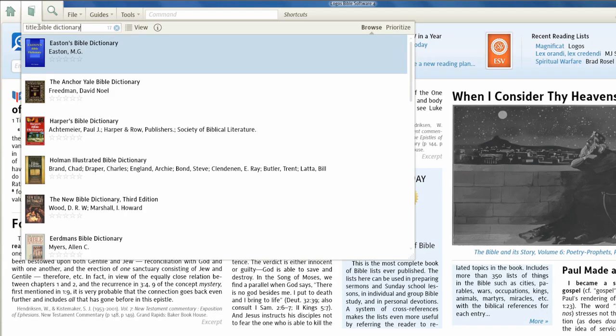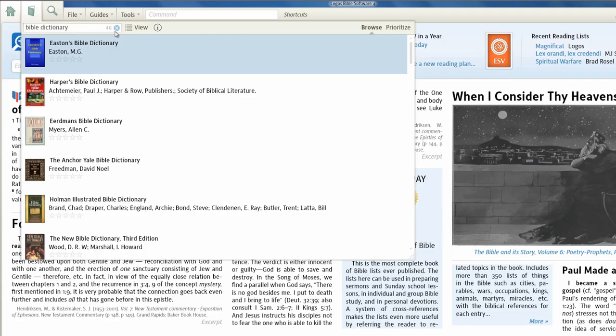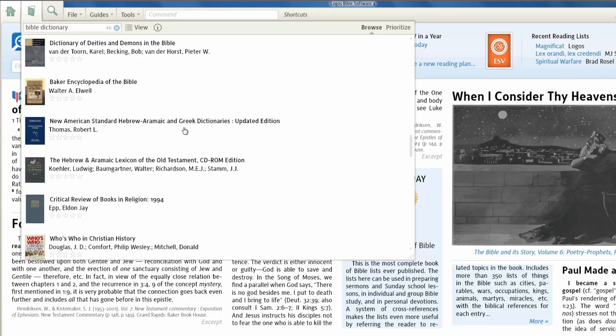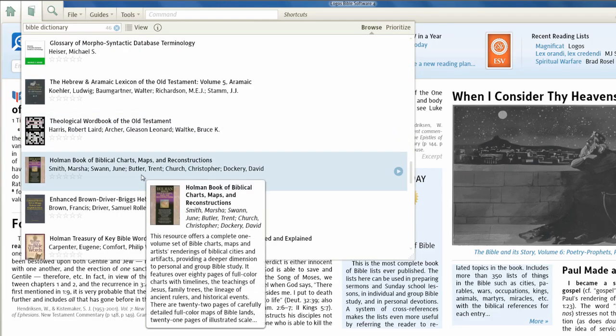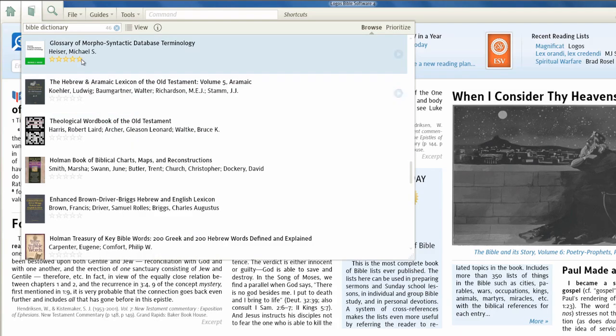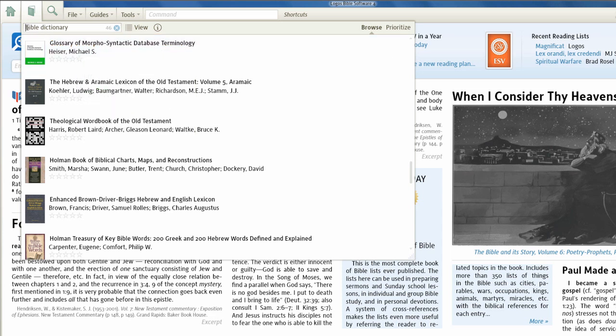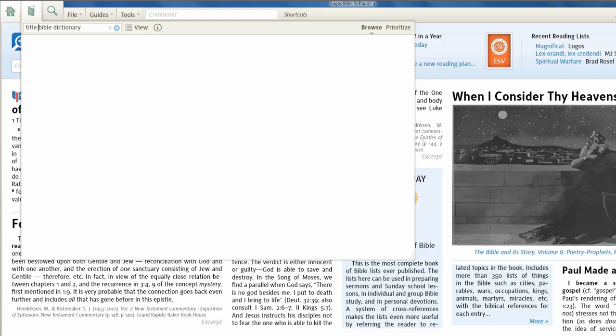If I took away title and deleted it, you would see that we have 46 different search results. And there would be quite a bit of noise in here of things that we might not want, like a glossary of morphosyntactic database terminology. Might not want that. So if you want to narrow down the search results, keep title in the find box.